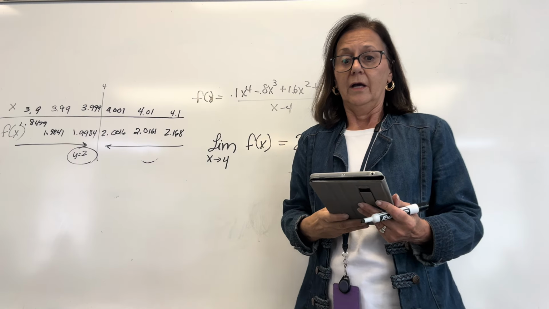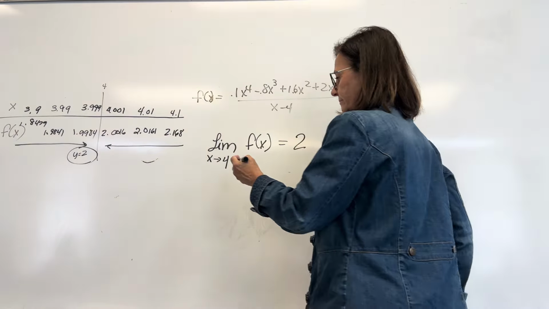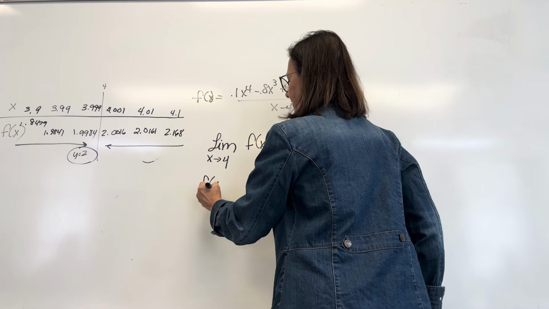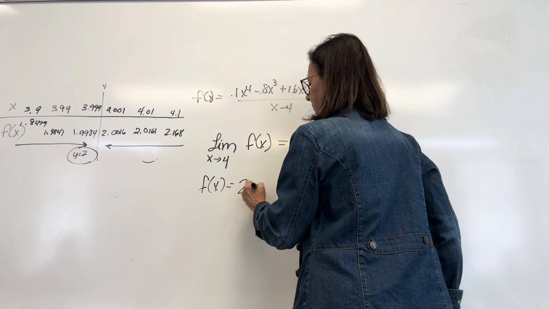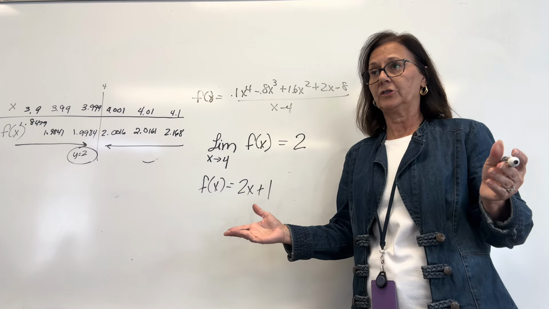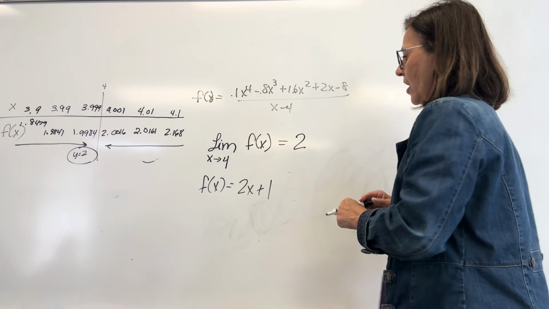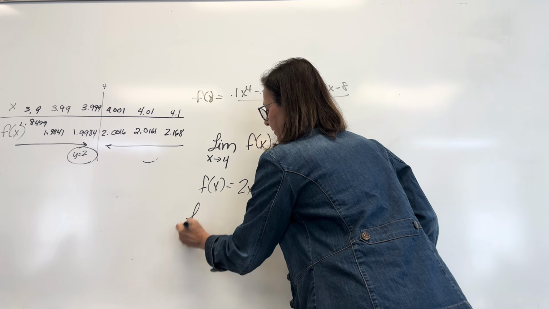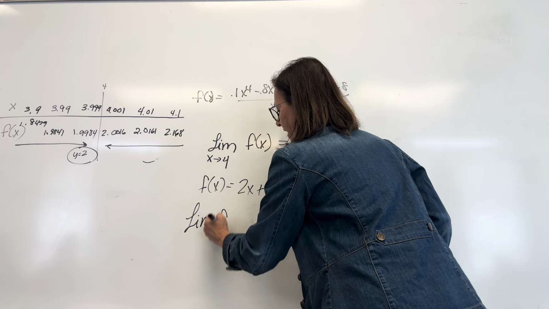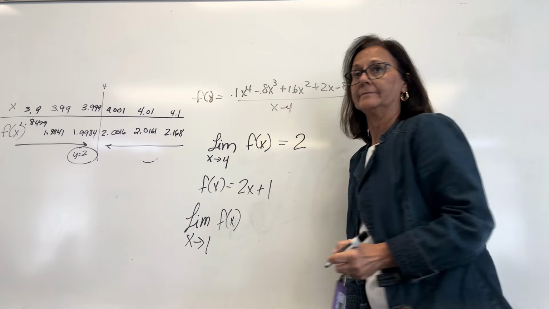Now, what if I said, now my f of x is 2x plus 1. That's my function. Okay? And I want to know the limit of that function as x approaches 1.